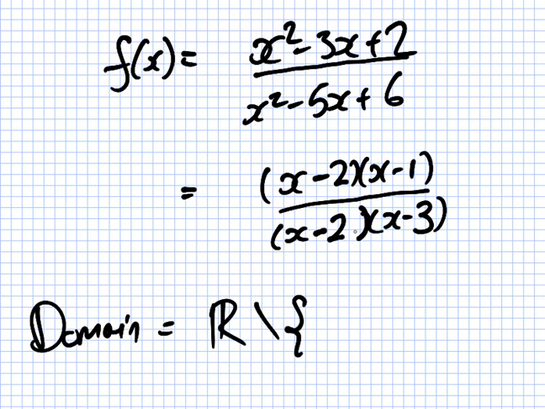Who thinks it's all real numbers except 2 and 3? And who thinks all real numbers except 3? So this is more popular. And what's the reason for this? Cancel. Yeah. And the answer is, let me put it in colour to make it more dramatic.